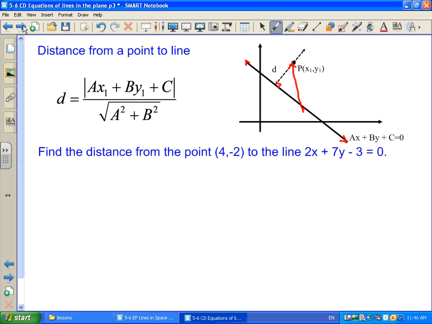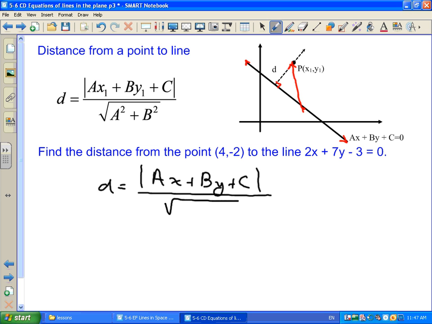So, sample question here. Find the distance from the point 4, -2 to the line 2x plus 7y minus 3 equals 0. We just need to know this formula. This distance is going to be the magnitude of ax plus by plus c, all divided by the magnitude of the square root of a squared plus b squared.